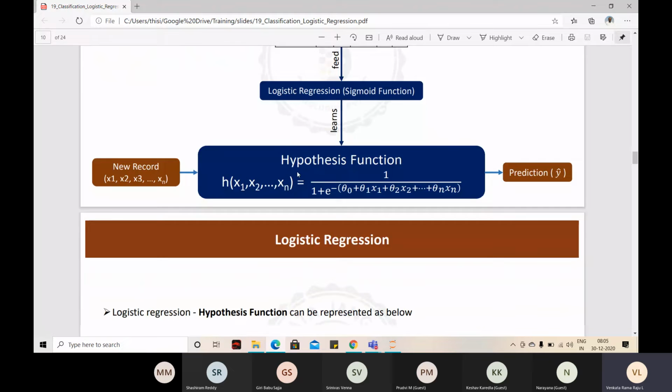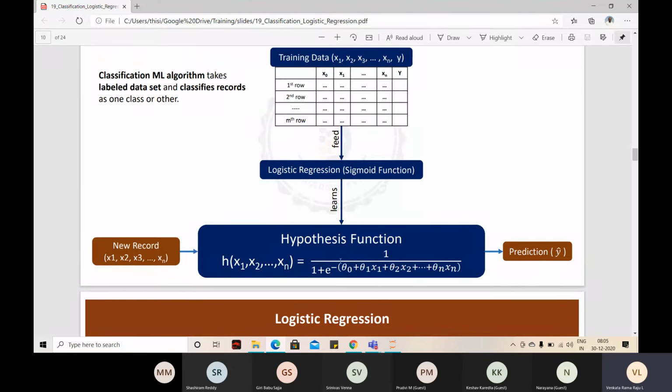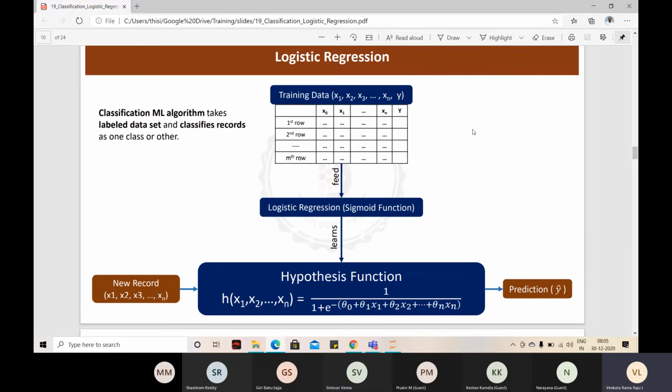When you pass your train data, the model will find out these thetas in this equation. When a new record is passed, the x values will be substituted there, and then the prediction will be made. I'll show how the prediction is made.